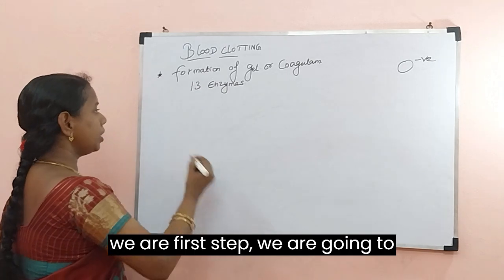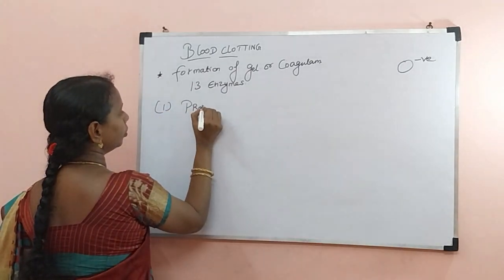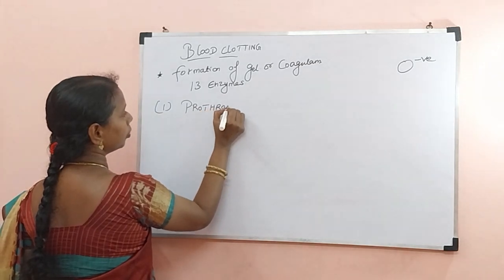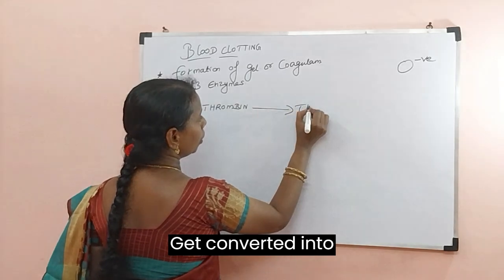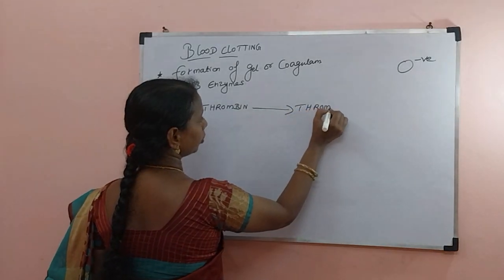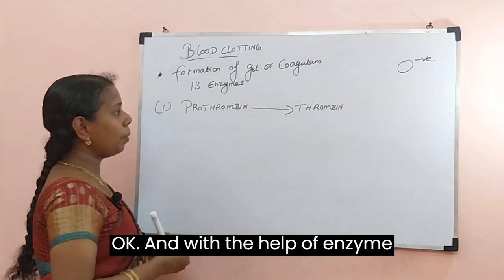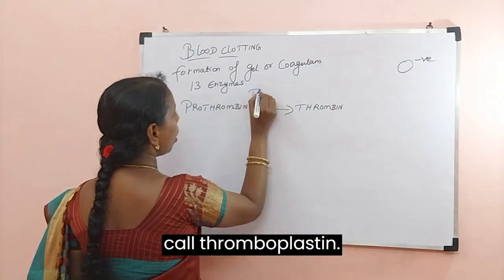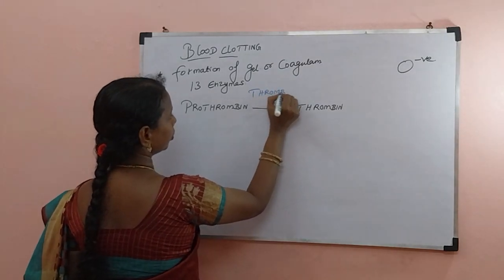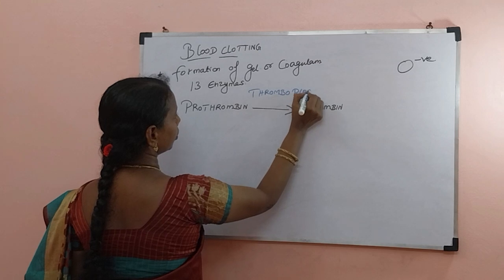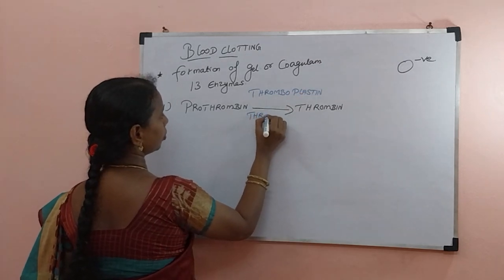Okay. So, in the first step, we are going to convert prothrombin into thrombin, with the help of the enzyme called thromboplastin, or thrombokinase.